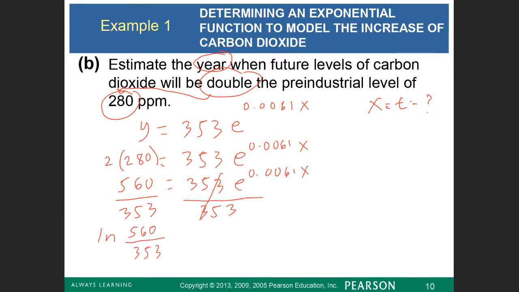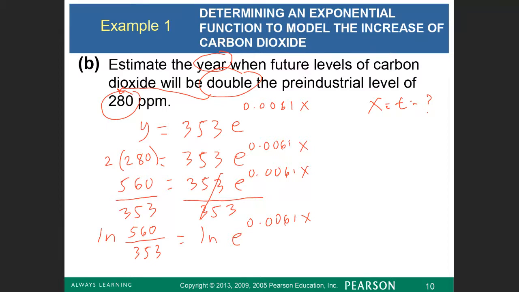Ln is natural log. So we have ln here also. That will be e to the 0.0061x. And then we have to apply the power rule.